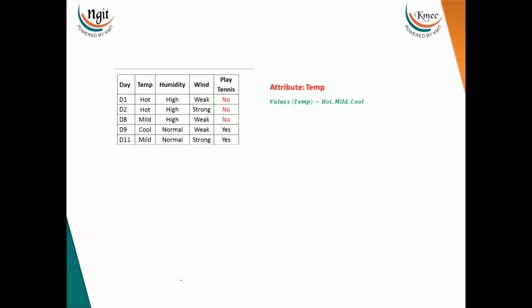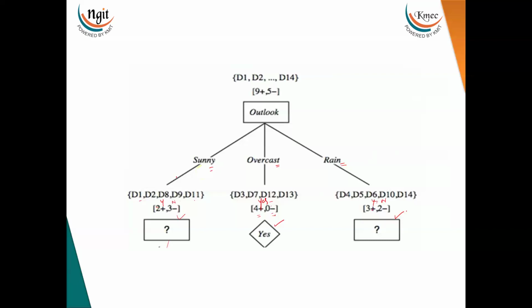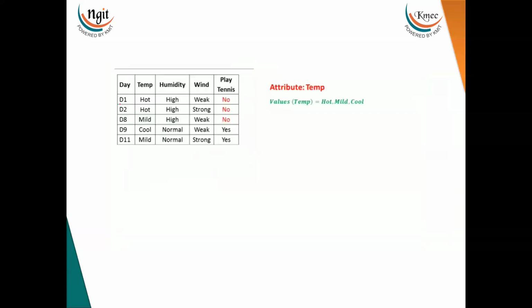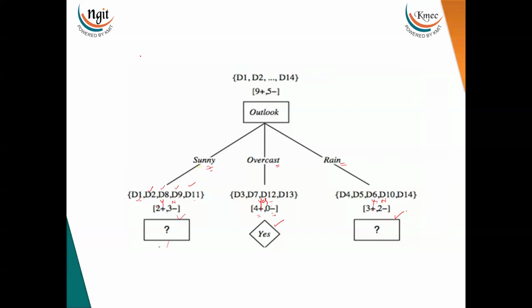Now, coming to the temperature. The very first one here is sunny. Sunny we have D1, D2, D8, D9, D11. Only that particular table I have taken, removing outlook. Just try to understand here. Now I am calculating the left hand side part, and I have only these 5 rows, D1, D2, D8, D9, D11.